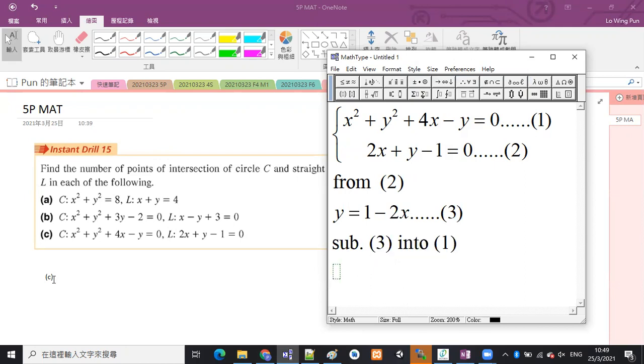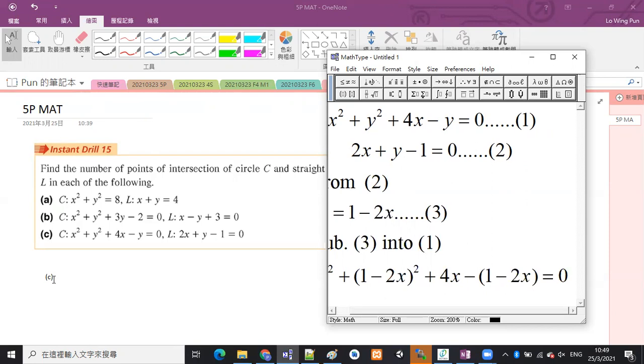So the format of equation 1 is x squared plus y squared. We will change all the y to be 1 minus 2x. So from equation 3, we make this 1 minus 2x, and then bracket square, plus 4x, and then minus bracket 1 minus 2x is equal to 0.